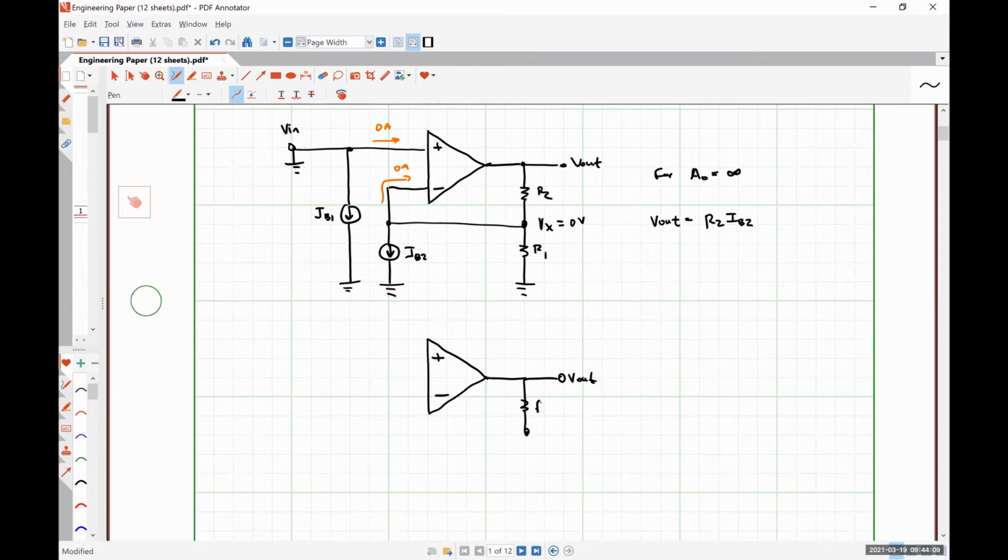Out, R2, R1, here's our feedback loop. IB2. I'm going to apply a voltage here, positive polarity on the right-hand side. I'm just going to call this V correction.